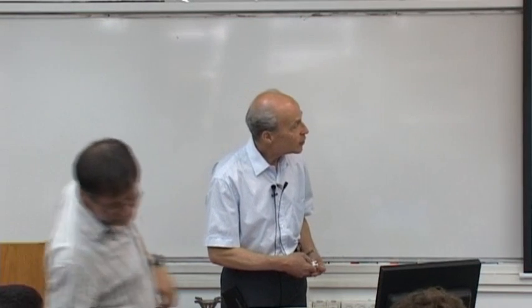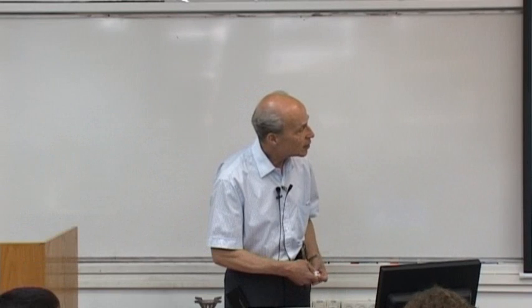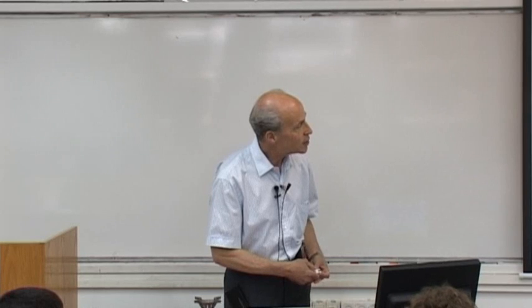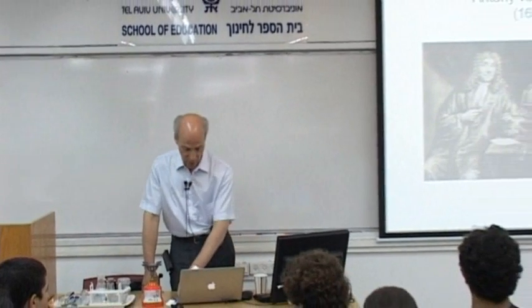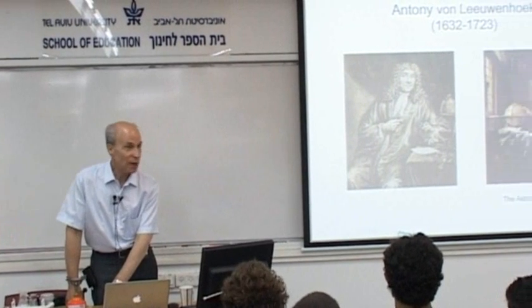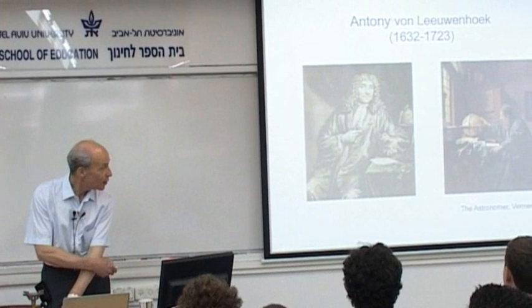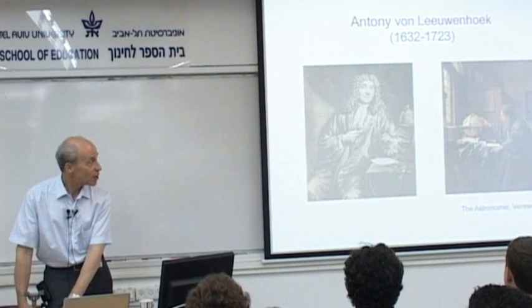And it's believed that this very famous painting by the Dutch master Vermeer, called The Astronomer, is actually a picture of Leeuwenhoek. And if you go to a great museum, and I can't recall if it's in Paris or New York where this particular one is to be found, then you will see the man who discovered the cell.